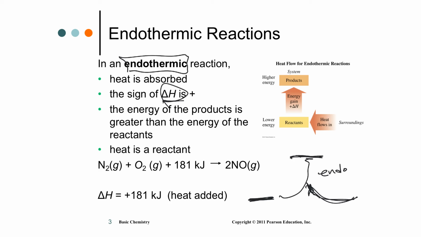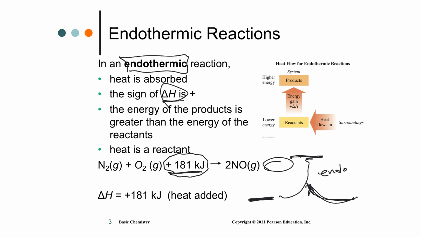So, for instance, if I add energy, which means that it's actually one of the reactants, energy is a reactant here. If I add energy, that's an endothermic reaction. Okay? If I let off energy, so if energy is actually a product, then that means I'm producing heat and it's getting hot, and I'm dumping heat into the surroundings.